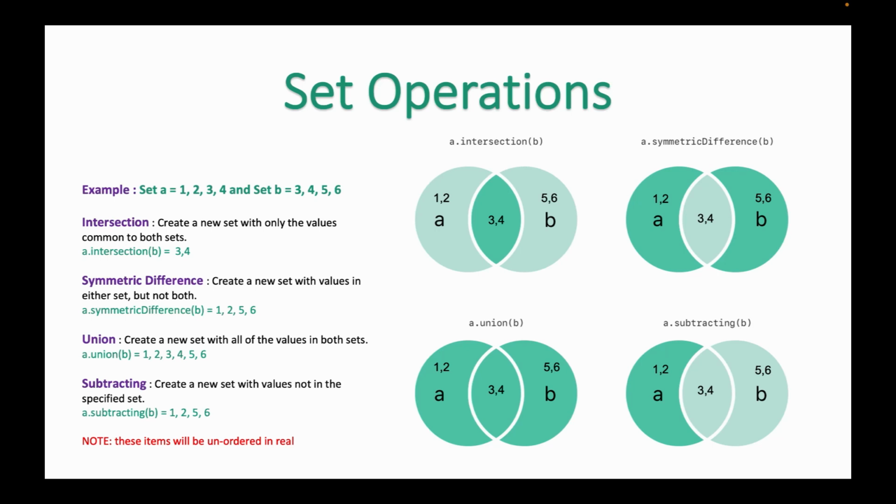Union creates a new set with all the values in both set A and B. And subtracting creates a new set with the values not specified in the other set. It's like set A minus set B. So let's do some real-time examples in Xcode.